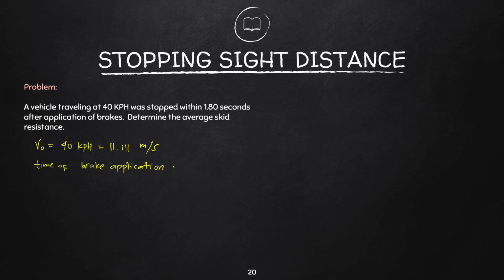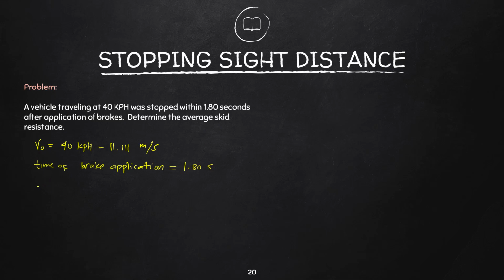This is the time of the brake application, which means this was the time when we measured the braking distance, not the braking reaction distance. Time of brake application is 1.80 seconds, and we are still determining the value of F.